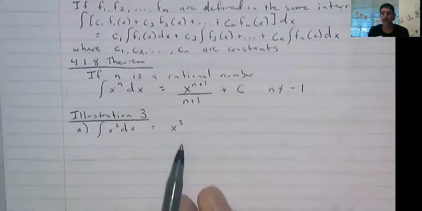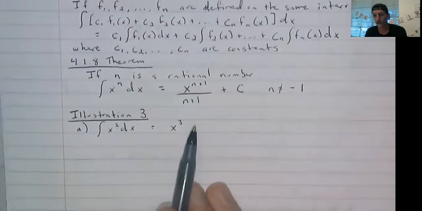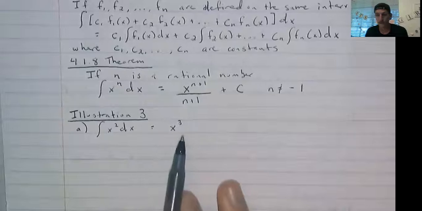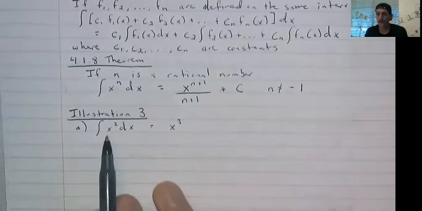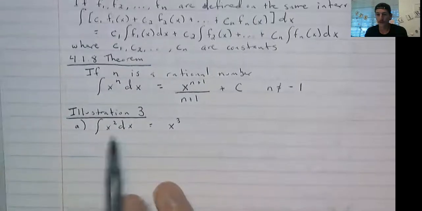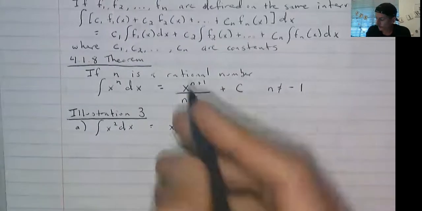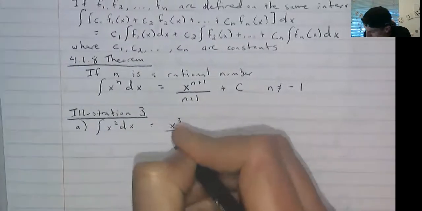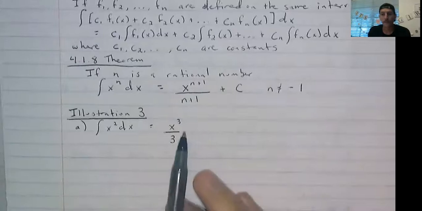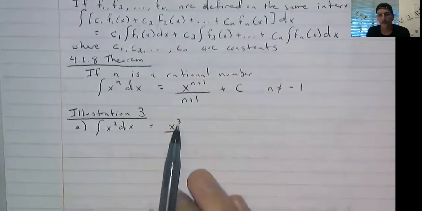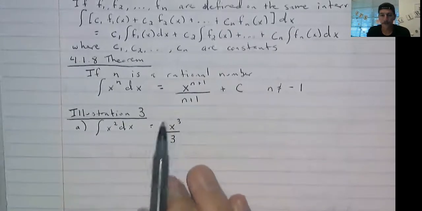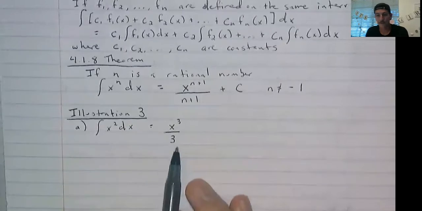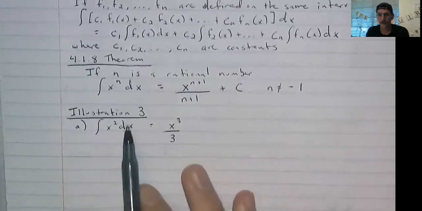Okay, so x cubed. The derivative of x cubed is 3x squared. That's pretty close to what we want, but not quite. That 3 is messing us up, so we need to divide by 3. So now when we differentiate x cubed over 3, that 3 drops down, cancels with this 3, and we have x squared as we need.